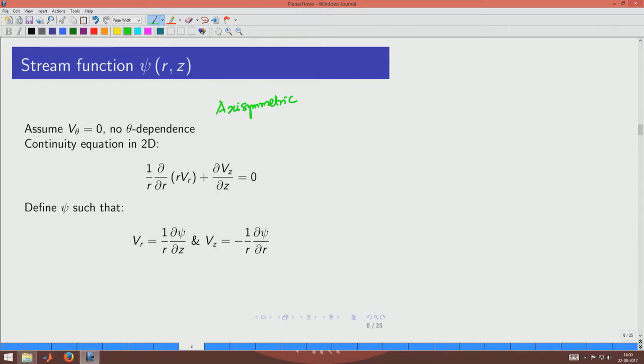So, this is also 2D flow, and we could then see that the terms that remain in the continuity equation are a different pair, and you could also define the stream function in the cylindrical coordinate system for axisymmetric flow in this manner, and we could readily see that when we substitute, the continuity equation is satisfied. So, this way we can define the stream function for 2D flows in a cylindrical coordinate system in two different manners.